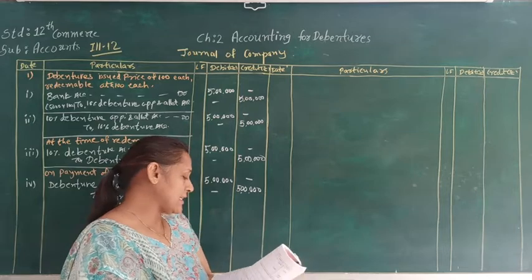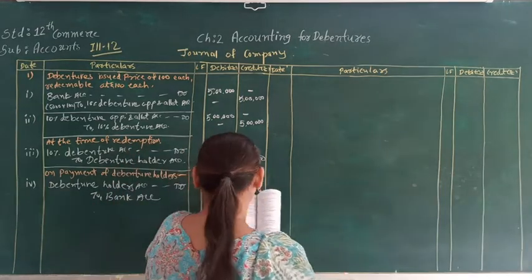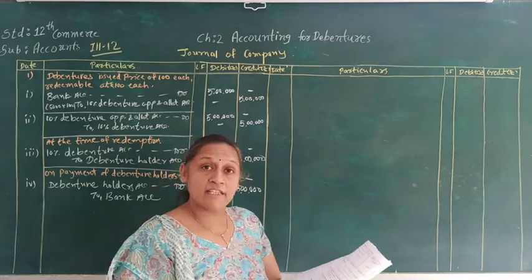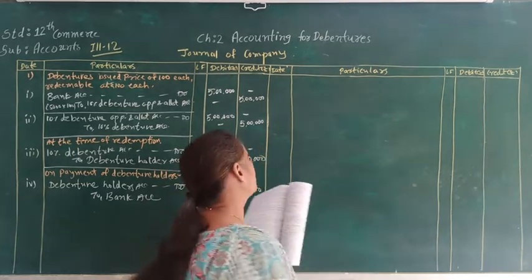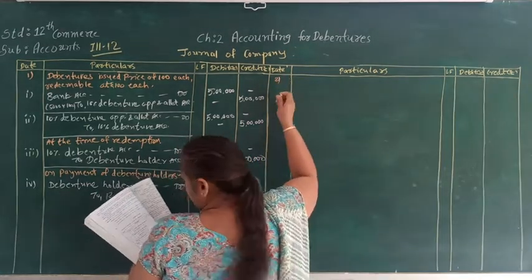Now let's see the second situation, that will be debenture issued at discount and redeemable at par. So let's see the second situation.